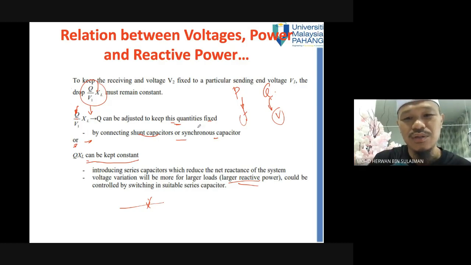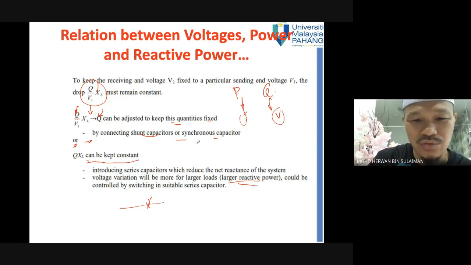So we can control the voltage, or the reactive power, by adjusting Q to keep this quantity fixed, or by keeping QXL constant.